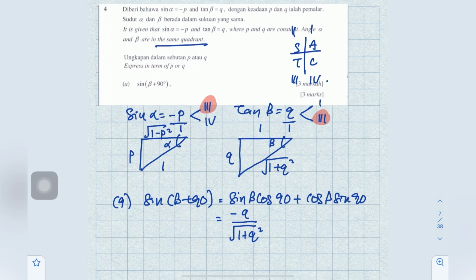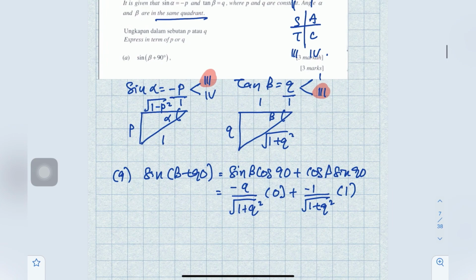But quadrant 3, so negative. Cos 90, just press the calculator, it is 0. Okay, so cos beta is adjacent over hypotenuse, square root of 1 plus Q squared. Cos in quadrant 3 is negative. Sin 90 is 1. So 0 times whatever is 0. So this one we get negative 1 over square root of 1 plus Q squared.